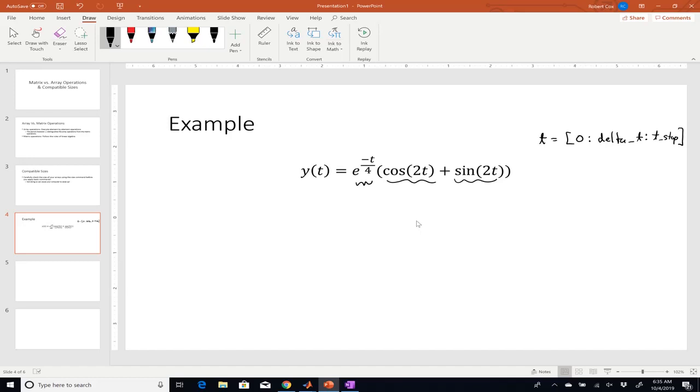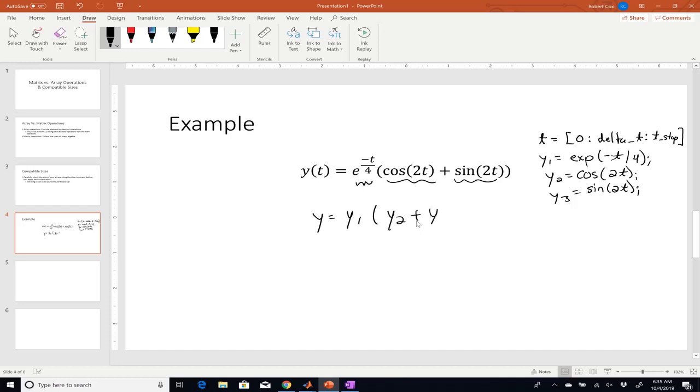Okay? And then what you would do is you would say, let's say y1 equals exp negative t over 4, and then I would say y2 equals cosine 2t, and then y3 equals sine 2t, and then basically try to create y by saying y equals y1 times y2 plus y3.